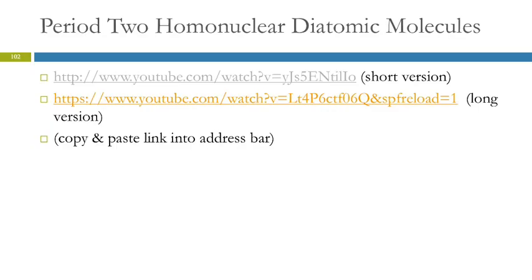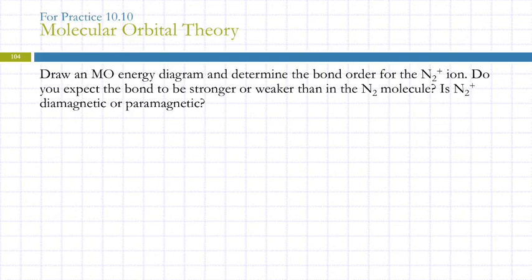So let's do another example here. We're supposed to draw a molecular orbital energy diagram for the N2 plus ion and determine its bond order. Then we'll look at the rest of those questions. So the way you approach this, N2 plus, we've got nitrogen and nitrogen, but since there's a positive charge here, that means we're missing an electron, so one of these has to be an N plus ion, right?